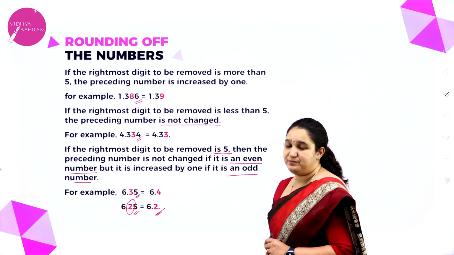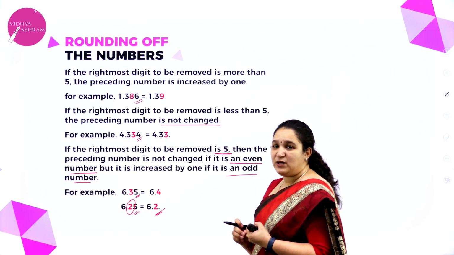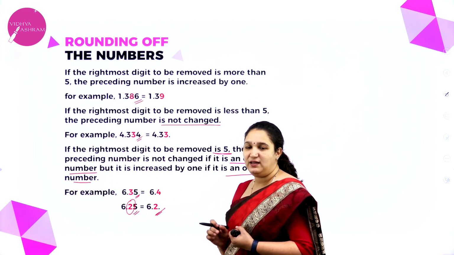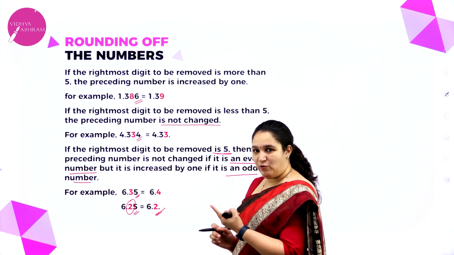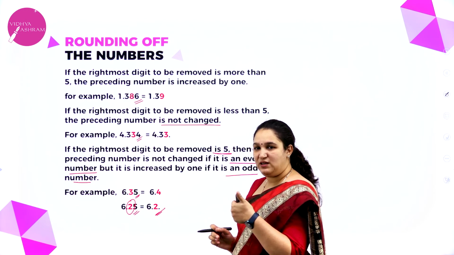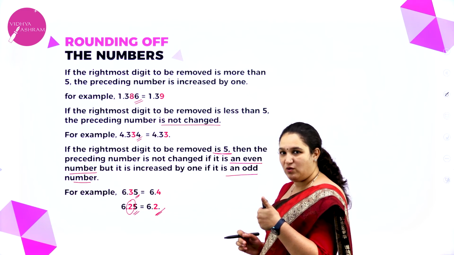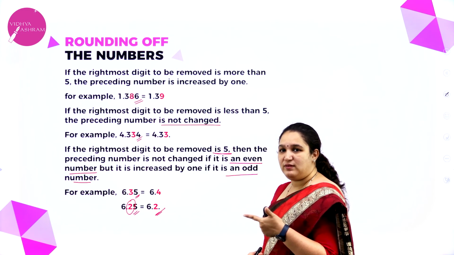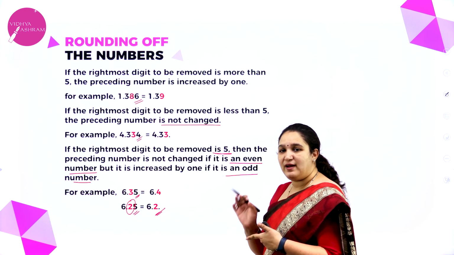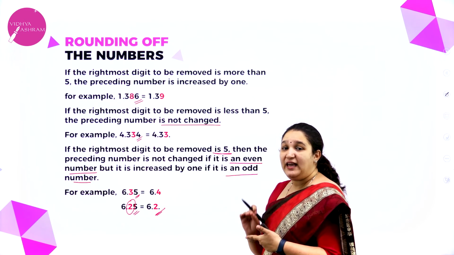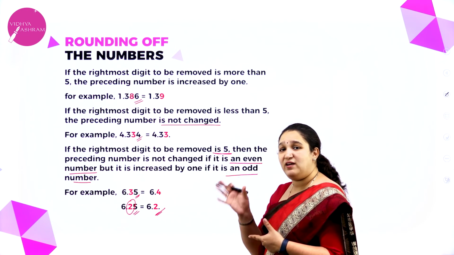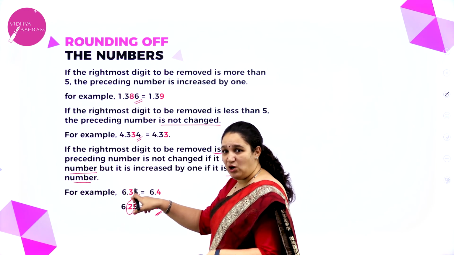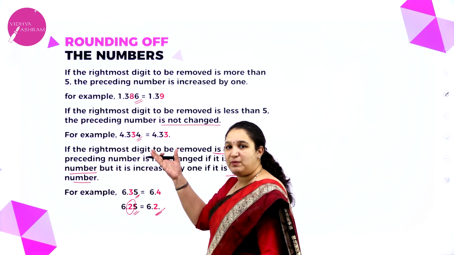So once again, if the number to be removed is greater than 5, then the preceding number should be increased by 1. If the number to be removed is less than 5, then keep the preceding number as it is. If the number to be removed is 5 itself, then if the preceding number is an odd number, increase it by 1.